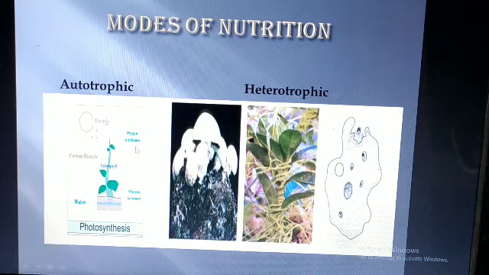Other than that, for heterotrophic nutrition, one example is fungus, and a mushroom may be seen as an example. There are many others coming into this category. You can refer to the class 9 classification for recapitulation of the saprozoic living things. Other than that, some living things take food derived from living things. They are called parasitic, and the living thing from which they take food is called the host.